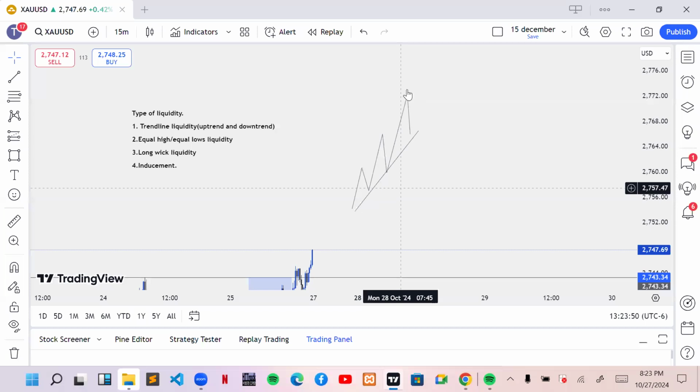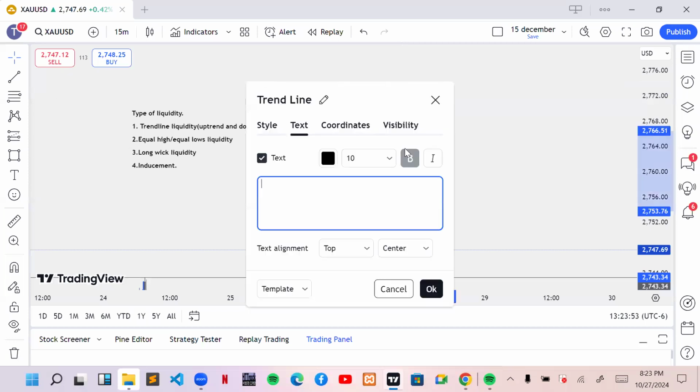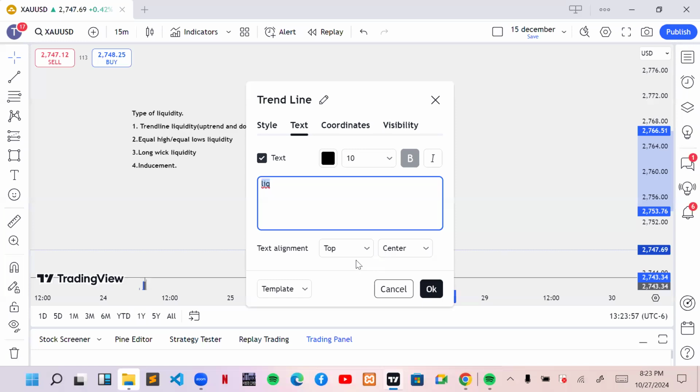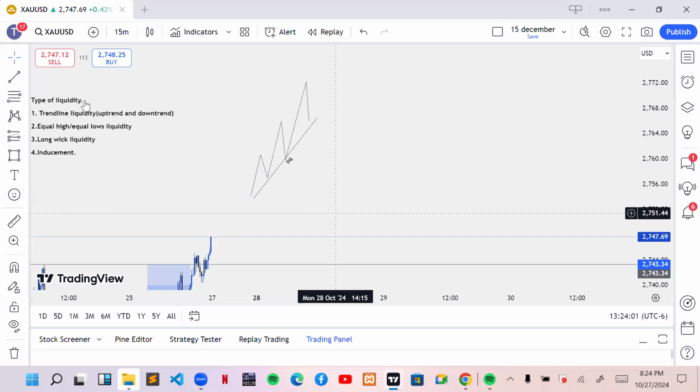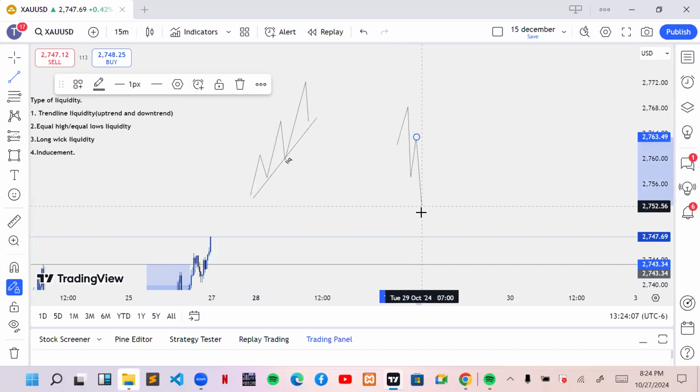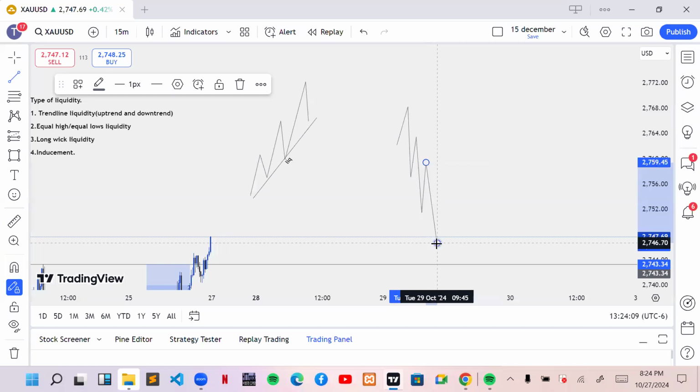So if it's an uptrend, just know there's liquidity being accumulated down here. And if it's a downtrend, lower highs and lower lows, there's liquidity being accumulated on the upside, here.